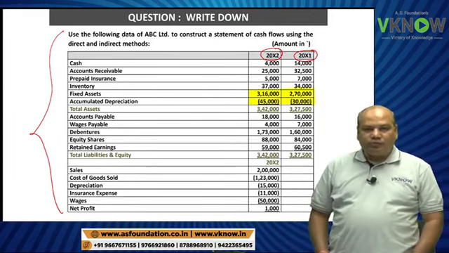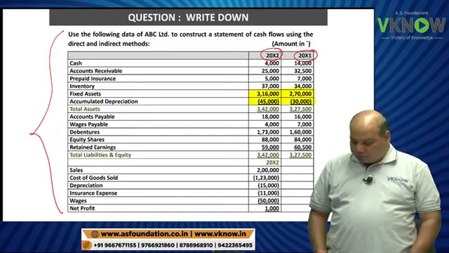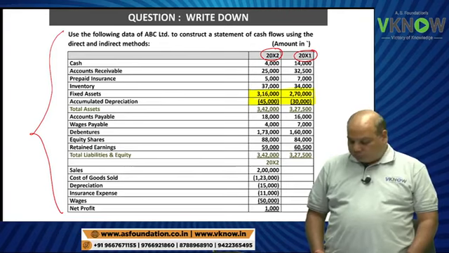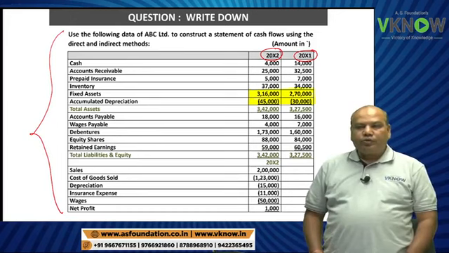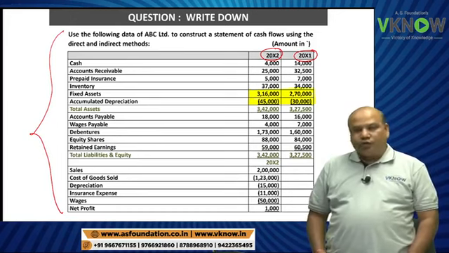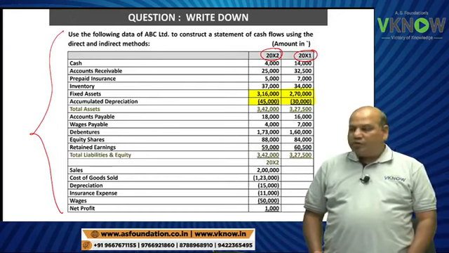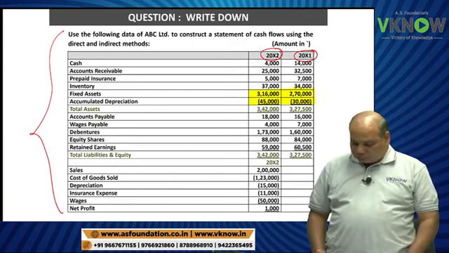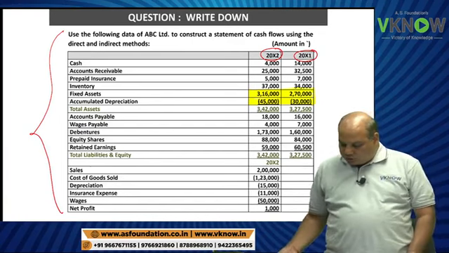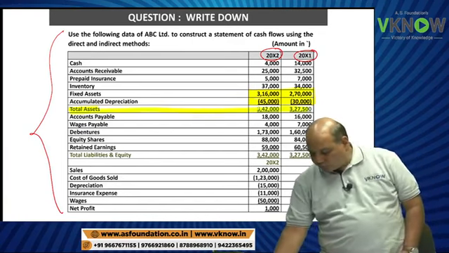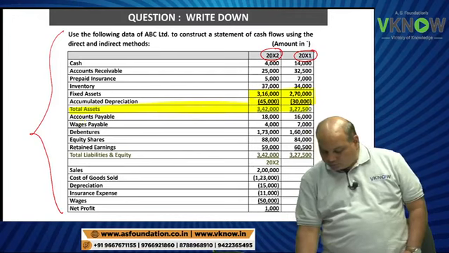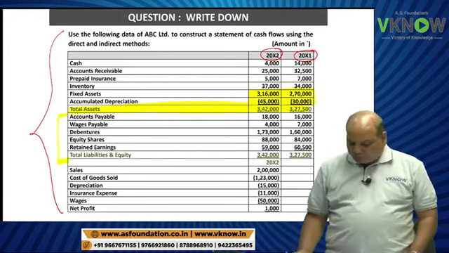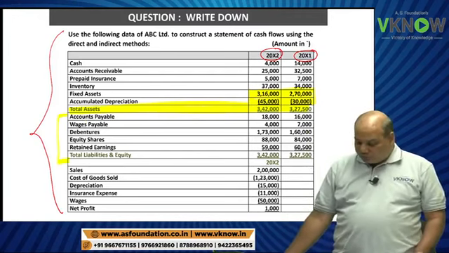Total assets: 3,42,000; 3,27,500. This is your asset side. Below that, write down liabilities items now.